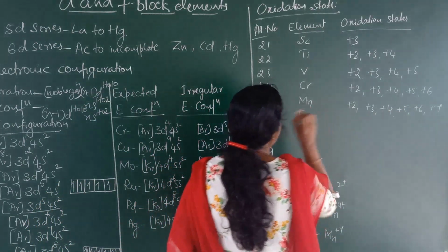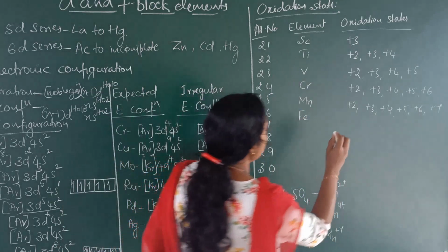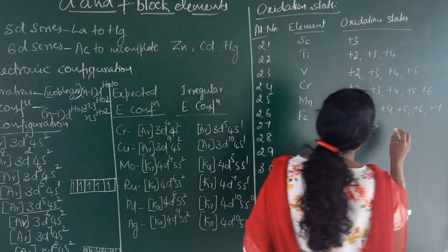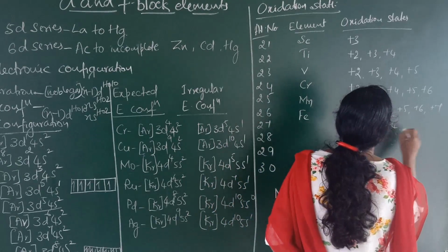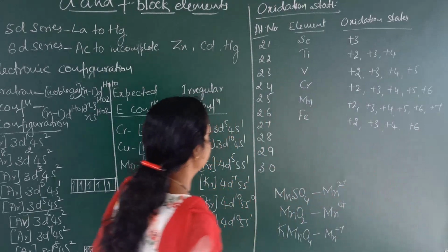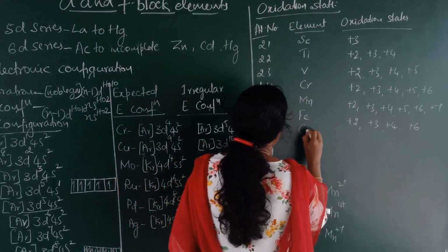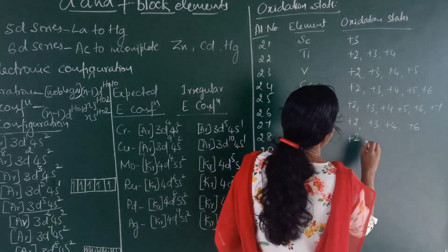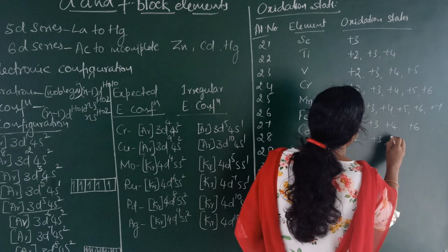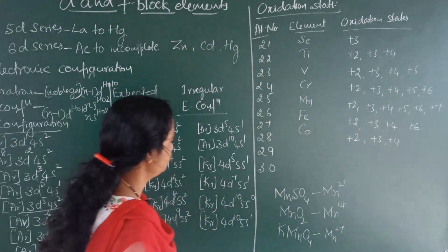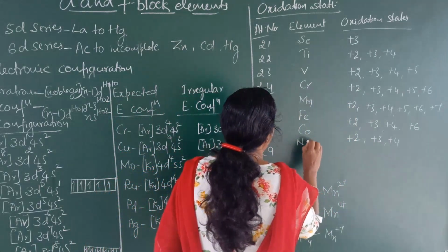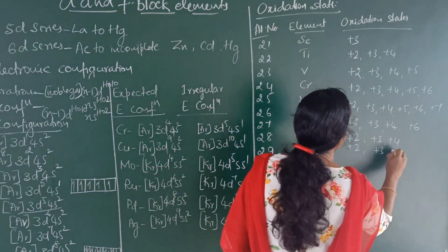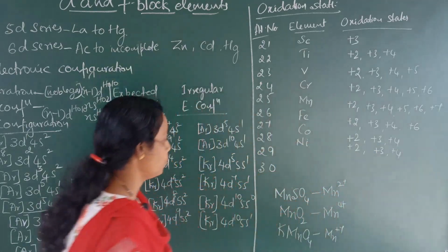Next element is iron. The oxidation states shown by iron are +2, +3, +4 and +6. Cobalt, plus 4.